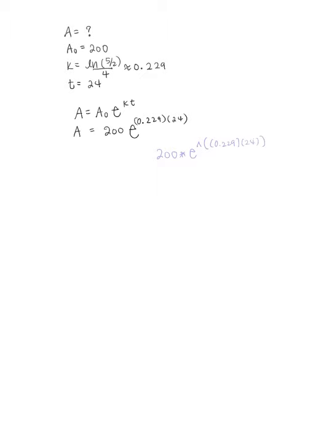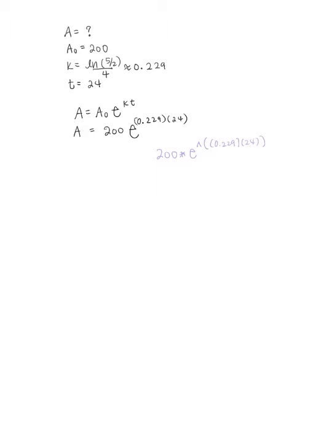Remember, with your graphing or scientific calculator, order of operations matters. So let me type that in. So we got e to the 0.229 times 24, parentheses closed, and then I hit enter.